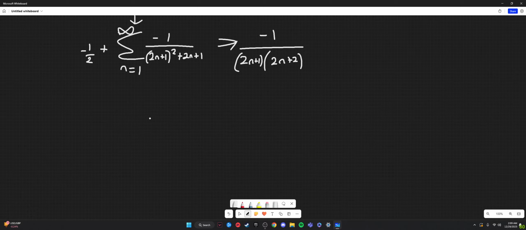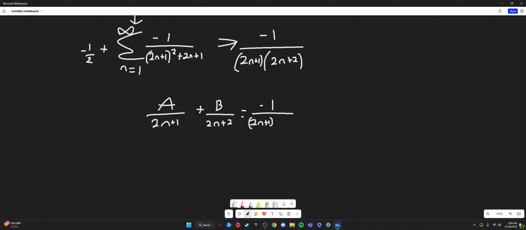We're going to do partial fractions, so we're going to have A over 2n plus 1 added to B over 2n plus 2. Of course, this will have to equal negative 1 over 2n plus 1 times 2n plus 2. From here, this is pretty standard partial fractions.